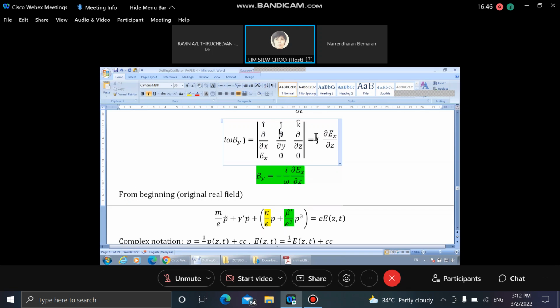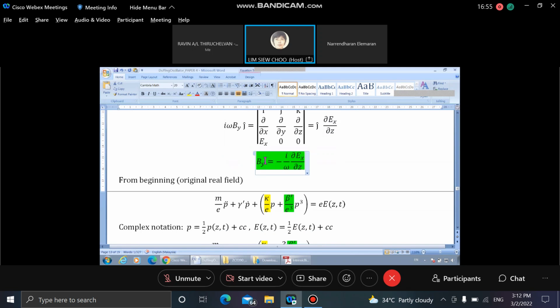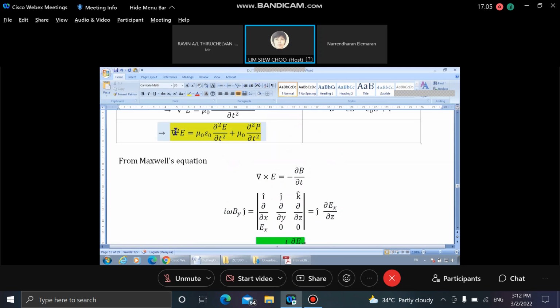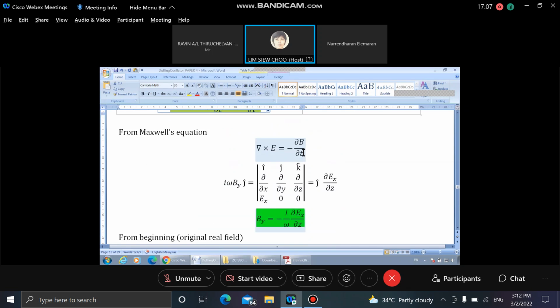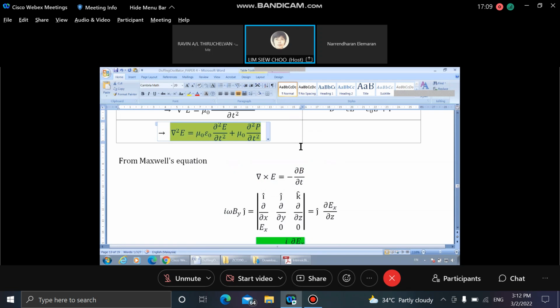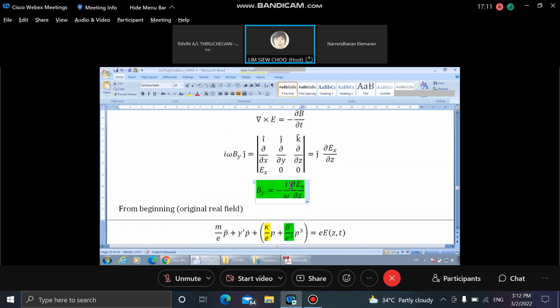So you have only the j component. So we take away the unit vector j, and you have By equals to this. You just rearrange this term, you put it down over there. So you get the B. So it means that once you get the E from this wave equation, if you solve the E, then you have no problem to solve your B by putting your E into here.